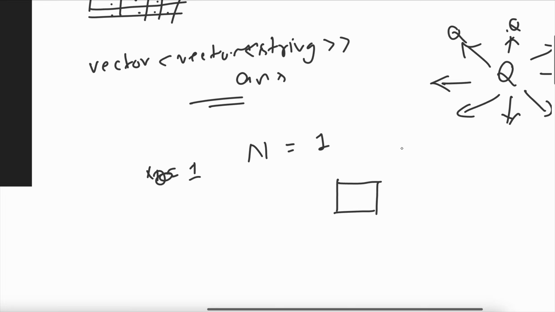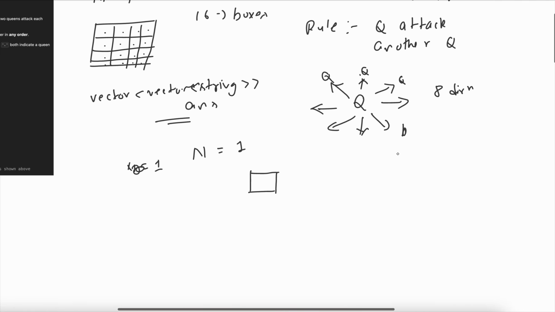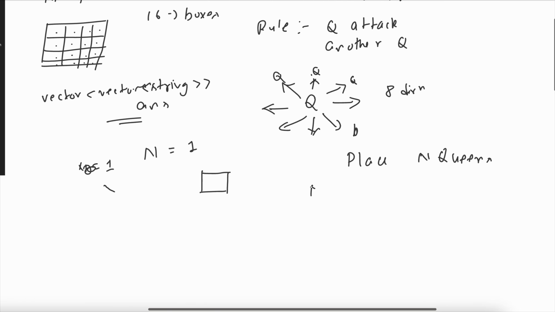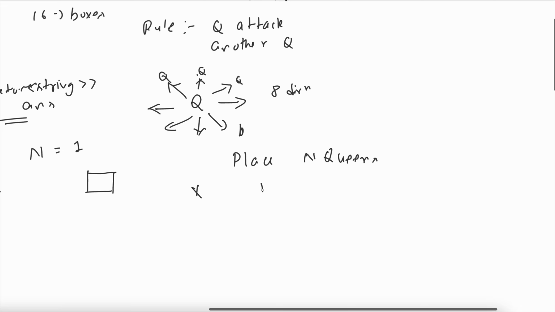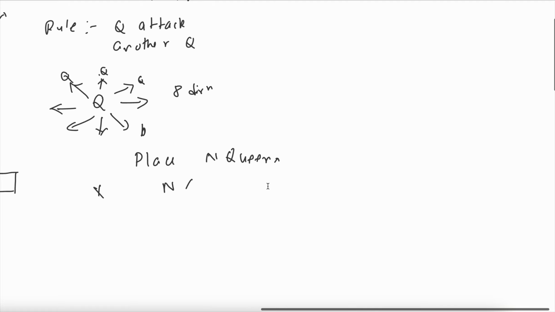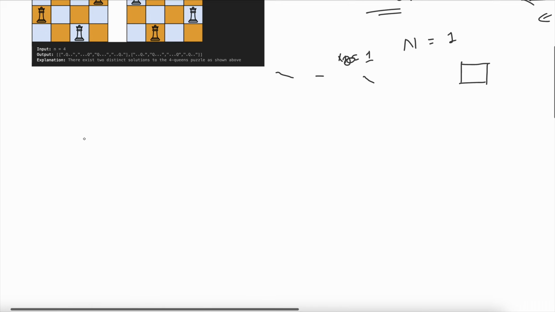One more thing I need to discuss. We have to place n queens, and our chessboard is of n cross n size.